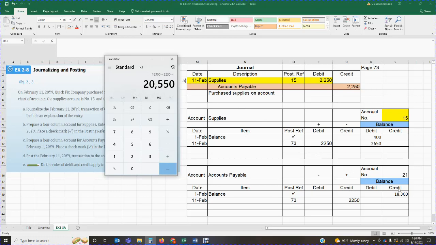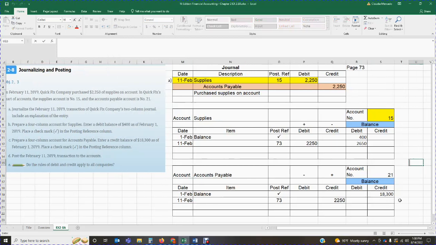Both of these are credit. Credit plus credit will give me an ending balance of a credit. So we're going to get the ending balance of 20,550. That's going to go over here, 20,550, and that is going to be my ending balance for my accounts payable.